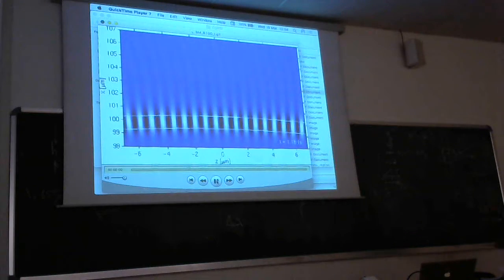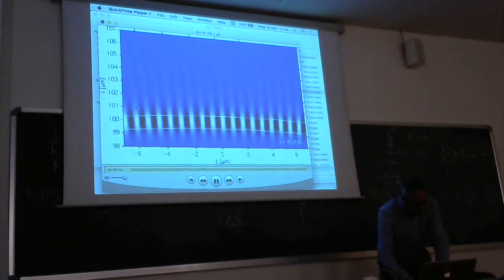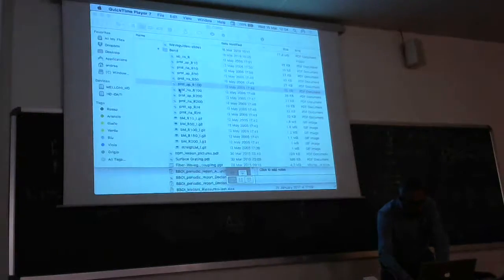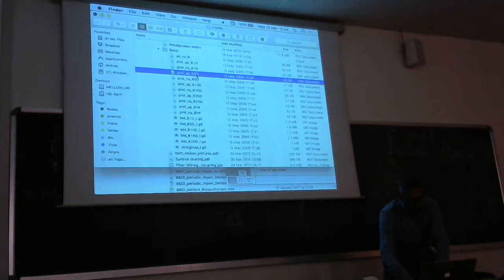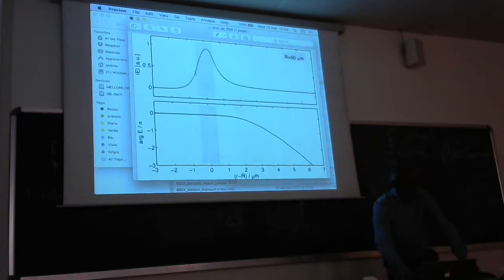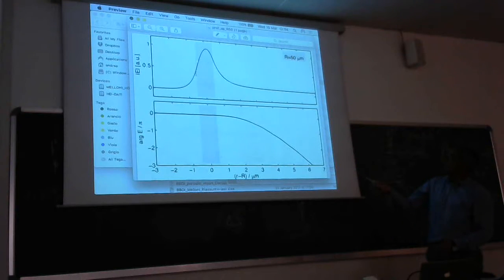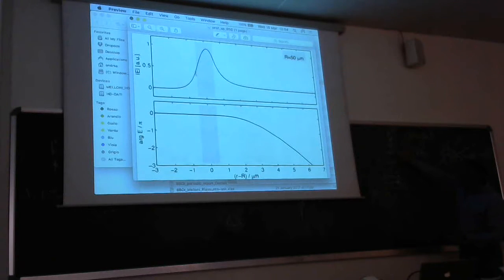And if I continue to bend, let's take 50, for example. Well, with 50 micron, the situation is clear, no? You see outside how large it is, and you see that this point approaches the waveguide. So we are moving down.